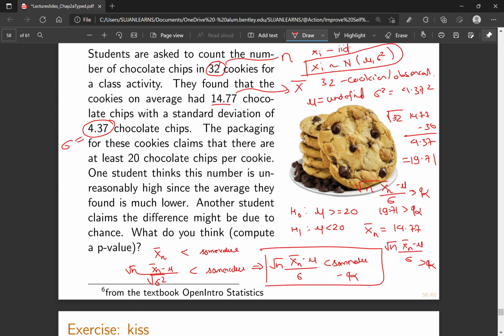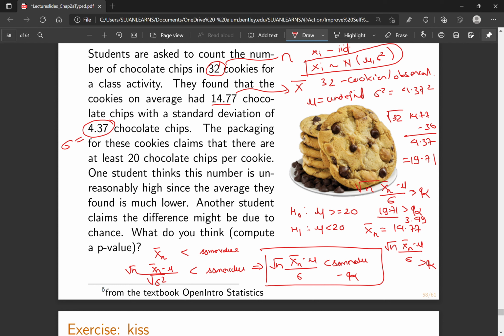Q alpha, which is actually a Z score, can be up to 3.49. That's the maximum positive value it can go up to. But this 19.7 is far greater than 3.49. Since this is true, then our alternative hypothesis is true.